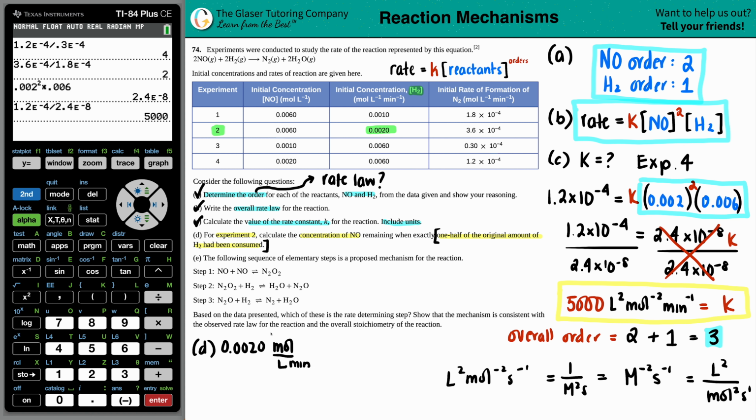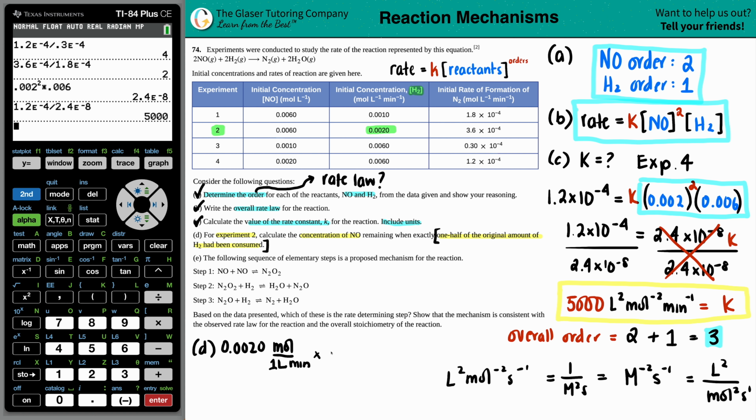Now, we can simplify this to just moles. They didn't state how many liters we're working with, they gave us no indication, so we can assume that we are in a 1 liter solution.